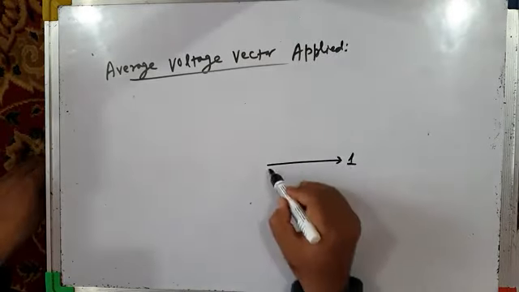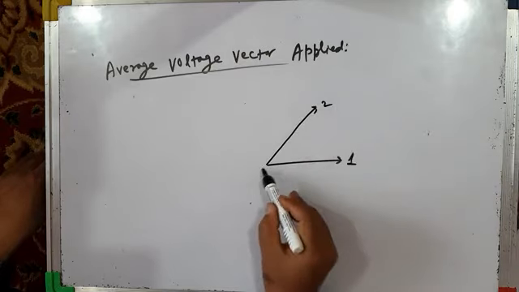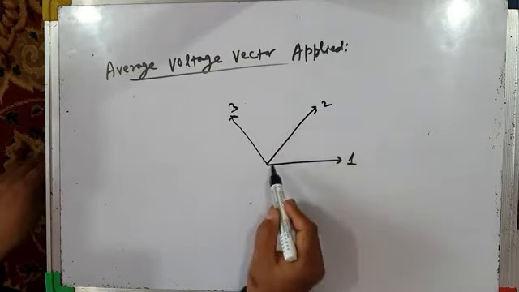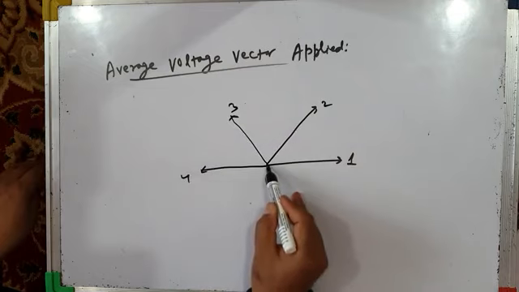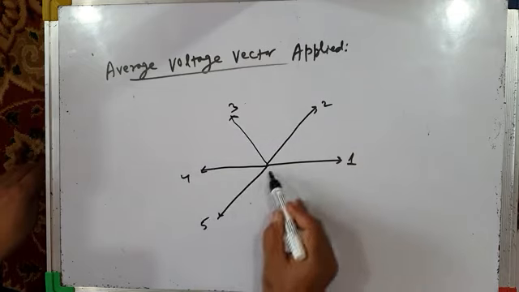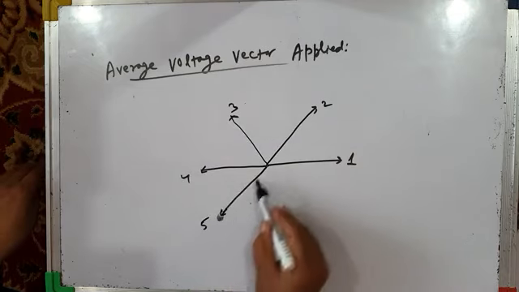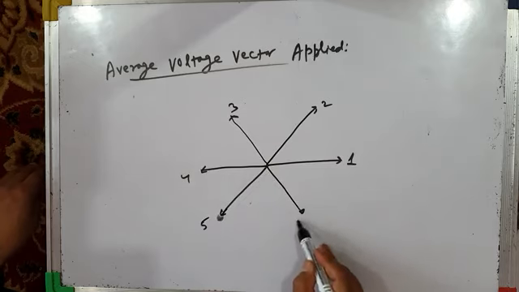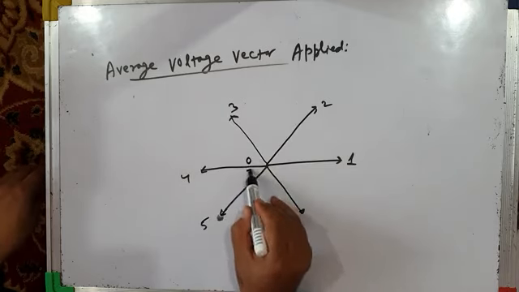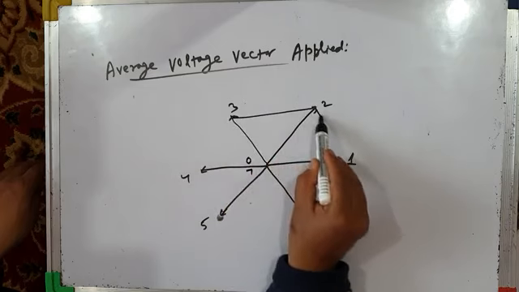This is active vector 1, 2, 3, 4, 5, 6. Null vector 0 and null vector 7.